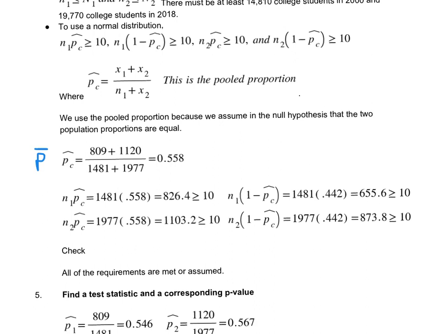Okay, so that's what we're going to use for our p hat, essentially. That is our point estimate, or our best estimate at the true proportion of college students who are women.